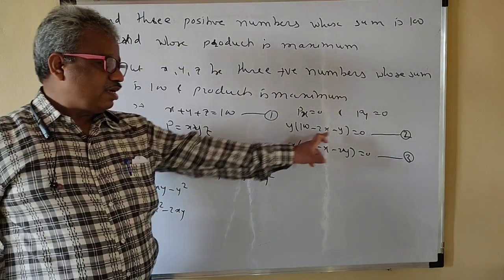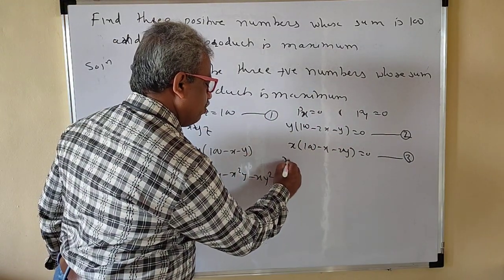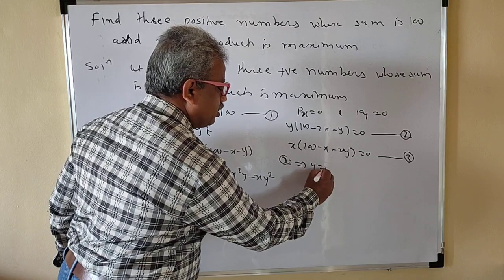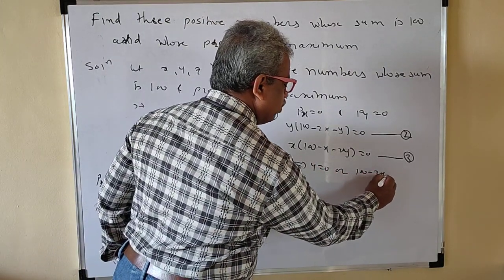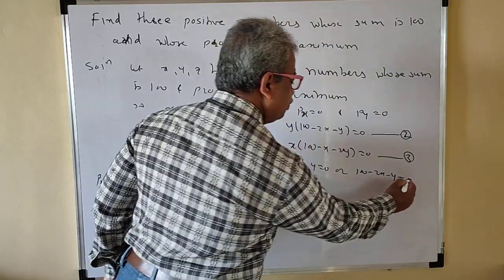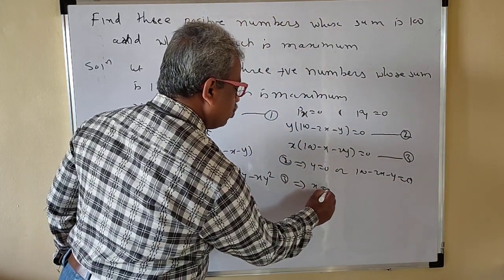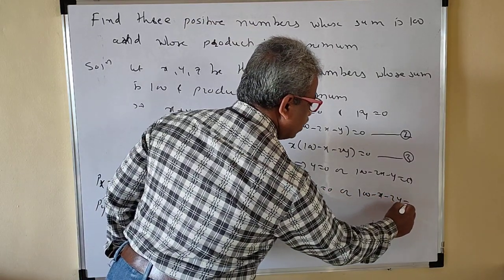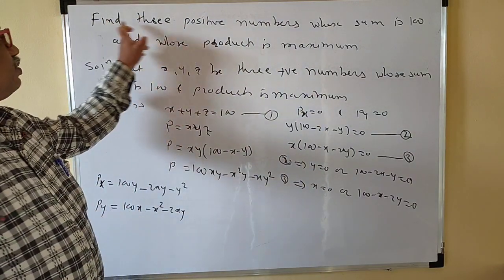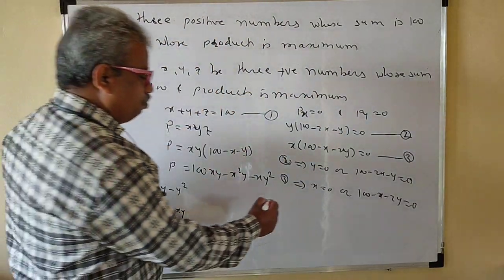Now here what? y is equal to 0 or this is equal to 0, right? So 1 implies y is equal to 0 or 100 minus twice x minus y is equal to 0. Okay. So 3 implies that x is equal to 0 or 100 minus x minus twice y is equal to 0. But your x, y, z are positive. That means they are not equal to 0.